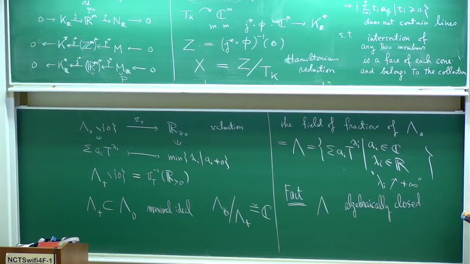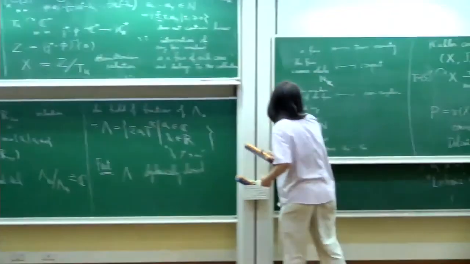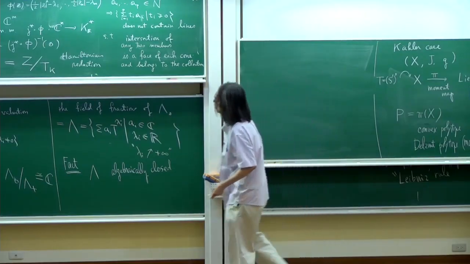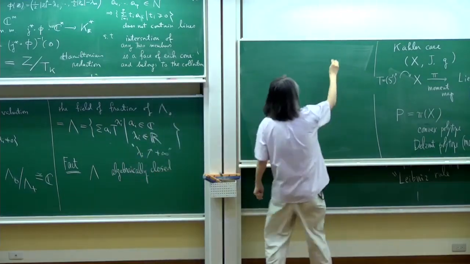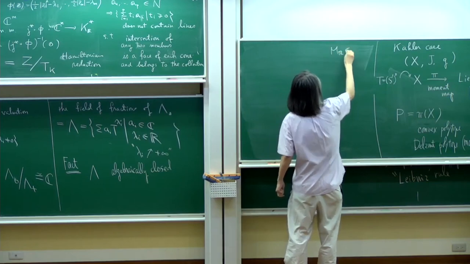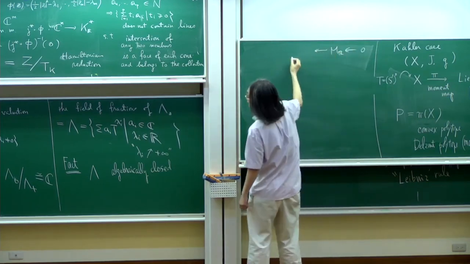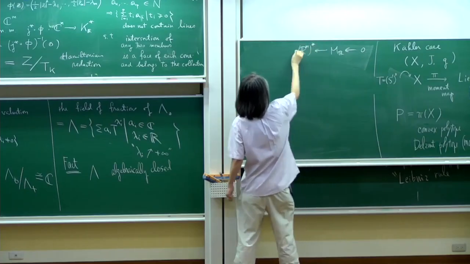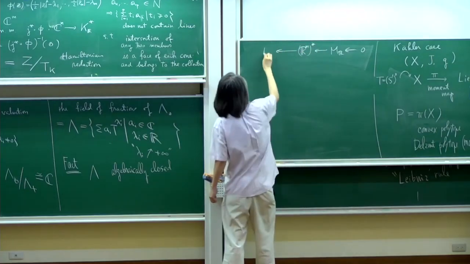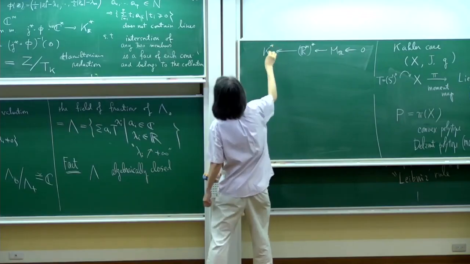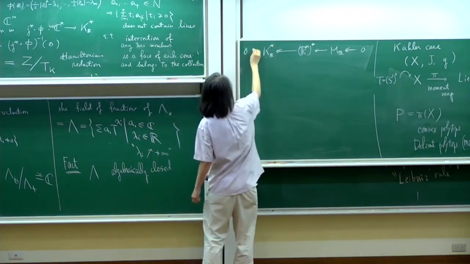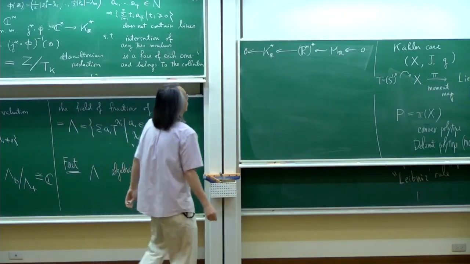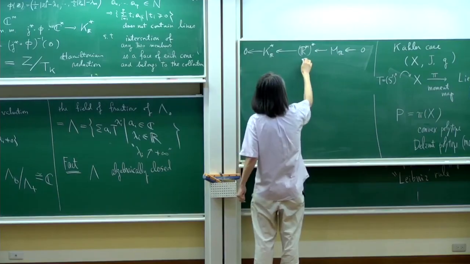So maybe this one is already okay. So here I have M1. Here I have this R dual goes to this K_R dual going to 0 here. Okay, and so now I consider some element here.